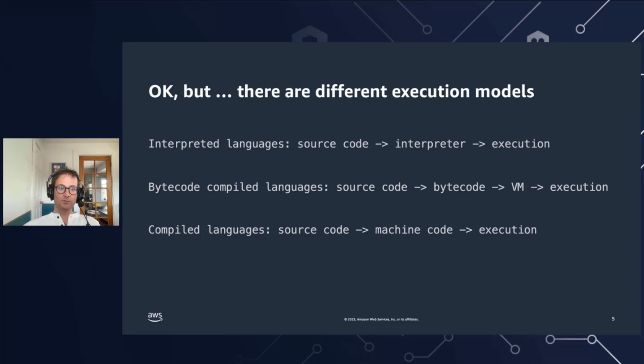And a third type of languages are languages that are directly compiled to machine code. You write the source code, for example, in C or in C++, and once you're done writing that source code, you use the compiler to transform the source code to machine code. And that machine code is almost ready to be executed without any other modification.